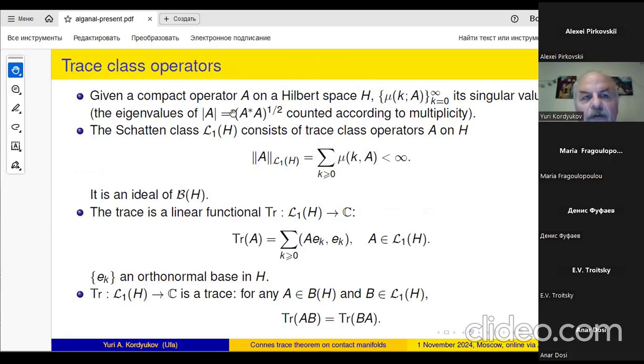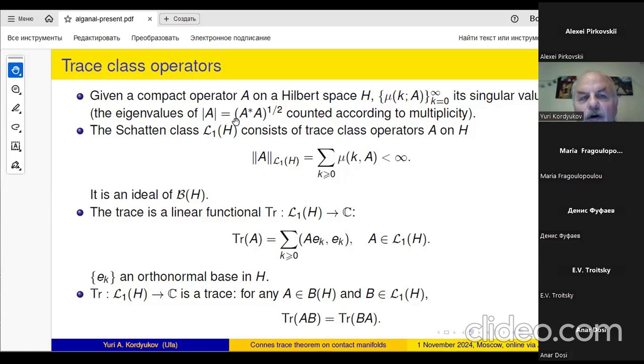So suppose we have a compact operator A on a Hilbert space. Let's consider its singular values, which means that these are the eigenvalues of the operator absolute value of A, the square root of A star A, counted according to multiplicity.